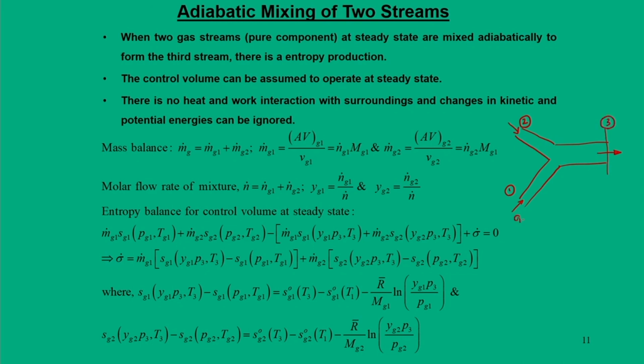So, we can say gas 1, gas 2, and it forms a mixture of two gases. Conditions of gas 1 may be P1, T1, and conditions for gas 2 may be P2, T2, Mg1, Mg2. Gas 3 could be final pressure P3, T3 and Mg3, and the mixing process is adiabatic.